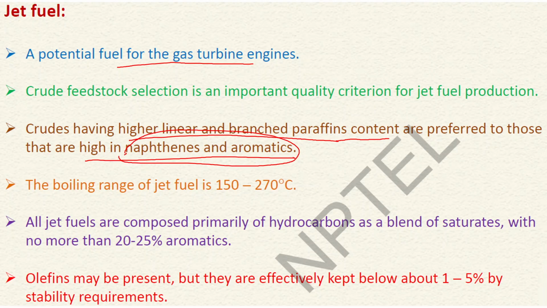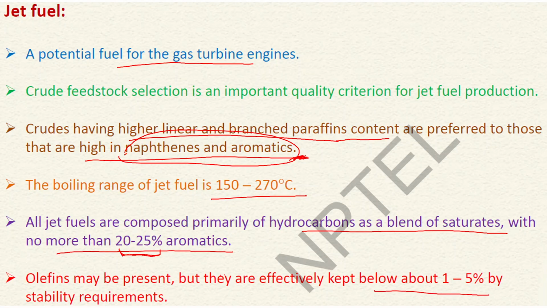The boiling range varies from 150 to 270 degrees C, and all jet fuels are composed primarily of hydrocarbons as a blend of saturates with no more than 20 to 25% aromatics. As we said, aromatics are less required, so only 20 to 25% of aromatics are acceptable in case of jet fuel. Olefins may be present, but they are effectively kept below 1 to 5% for stability purposes.